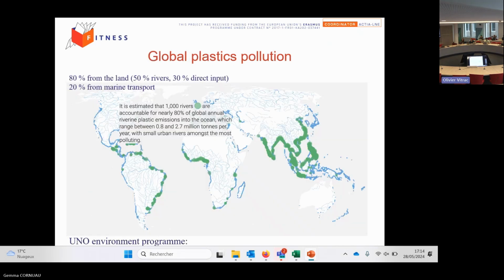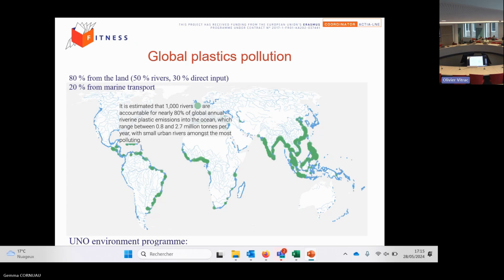And then you can have some global plastics pollution cartographies, and this one is coming from the UN Environment Programme. It shows you that plastics pollution is a generalized problem, and 80% of the pollution going to the oceans is coming from the land, where 50% is coming from the rivers.